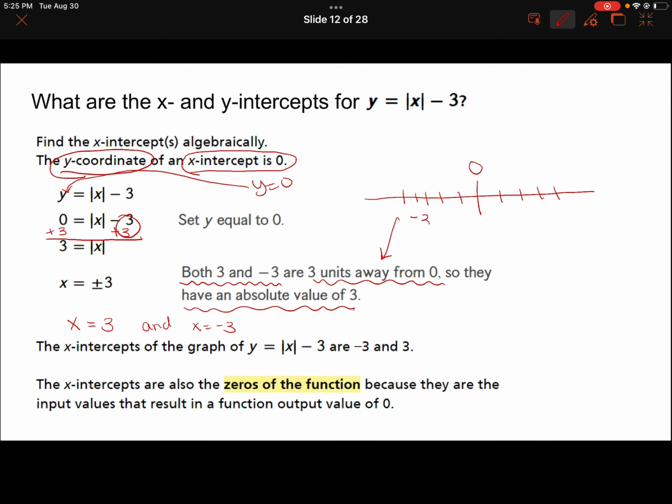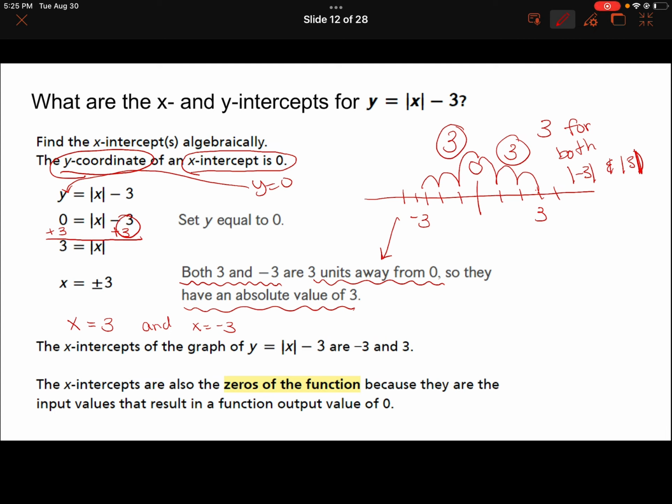If our answer was negative 3 and 3, how far away is negative 3 from 0? 1, 2, 3. 3 far away. How far is 3 from 0? 1, 2, 3. So that's why the absolute value will be 3 for both negative 3 and 3.